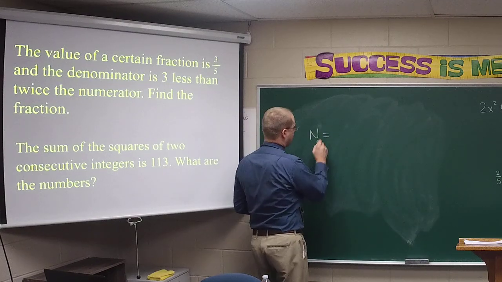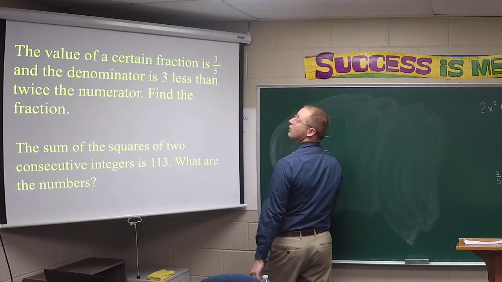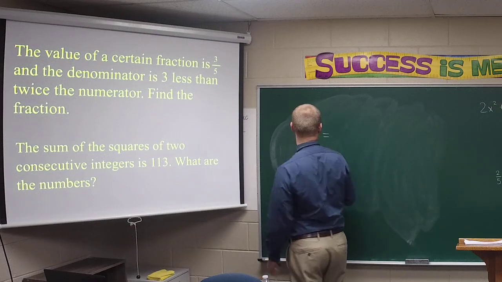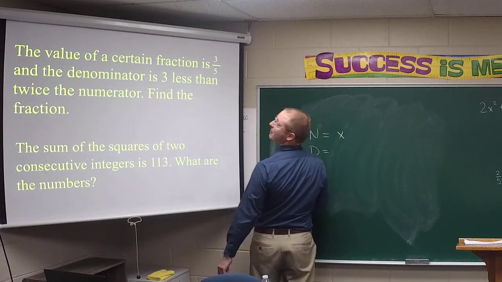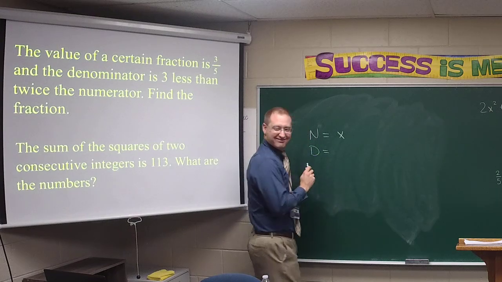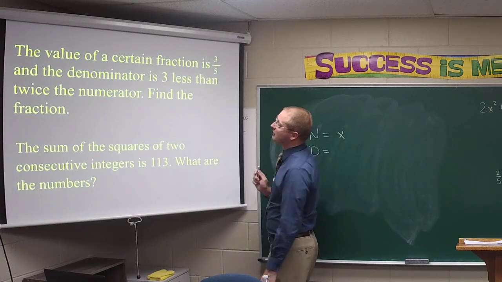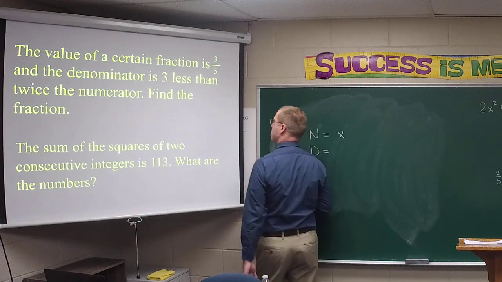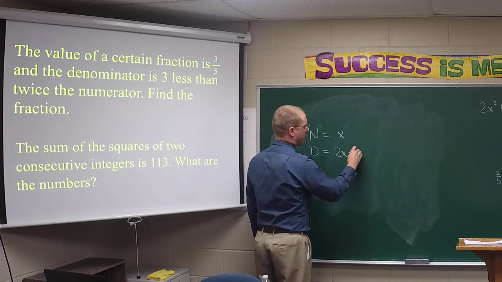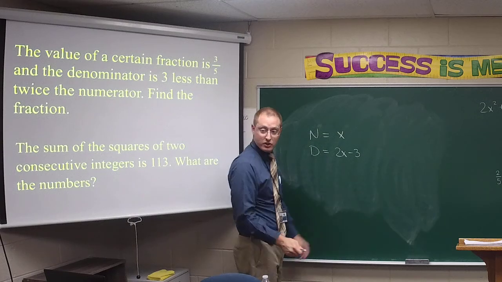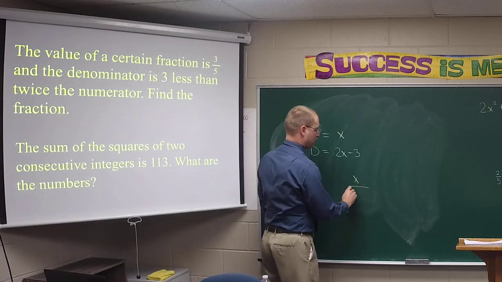And which one gets to be x? Numerator. Yep. And how do we represent the denominator? 2x minus 3. Good, 2x minus 3, 3 less than twice the numerator. So literally my fraction is x over 2x minus 3.